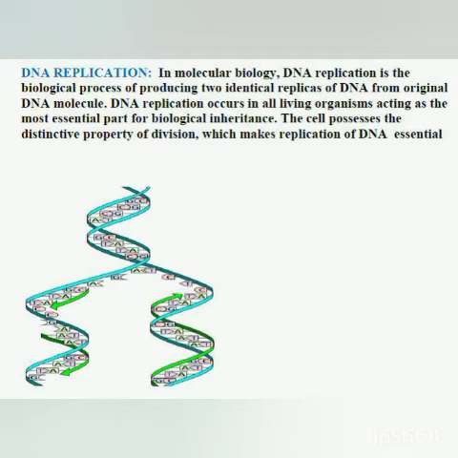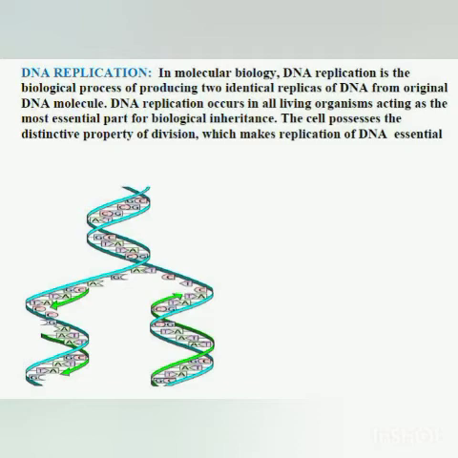Okay, in the two strands of DNA, two exact copies of DNA are formed, and in each copy of these two DNA, one is the parent strand and one is the new strand. I hope it is clear.